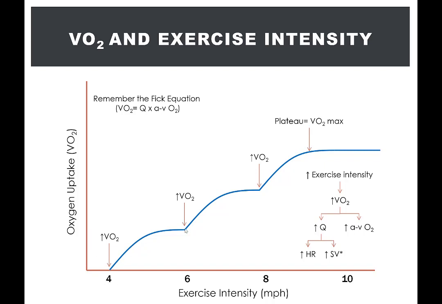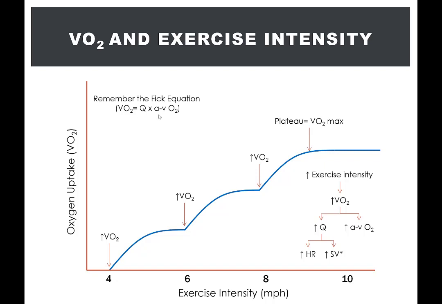So now what happens if you increase that intensity to 6 miles per hour? Now, obviously, the oxygen demand of the active muscles has increased. So your cardiovascular system is going to respond. Your cardiac output is going to increase, as well as your AVO2 difference, because again, your muscles are more active, it requires more oxygen, therefore it's going to take up more of that oxygen out of that 20 milliliters per deciliter of arterial blood.